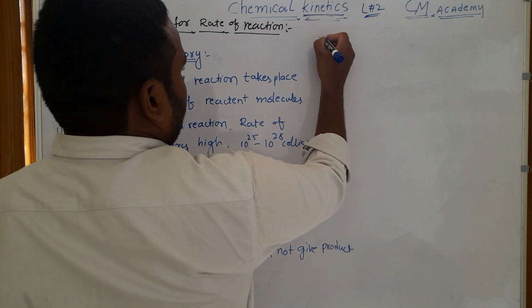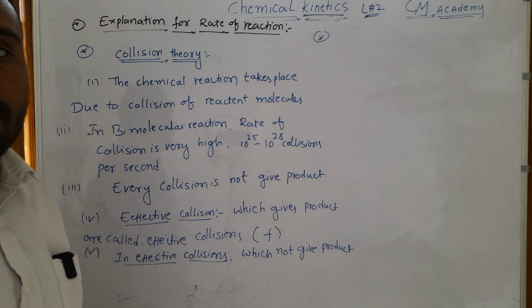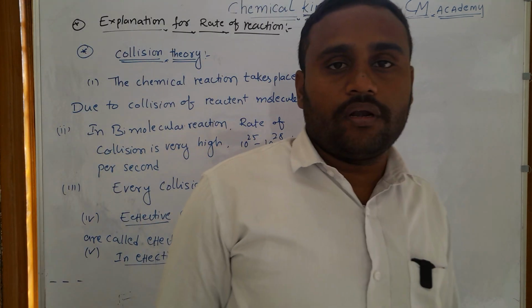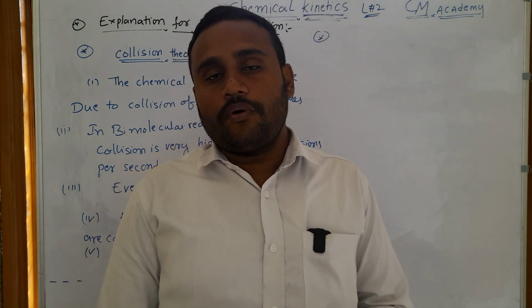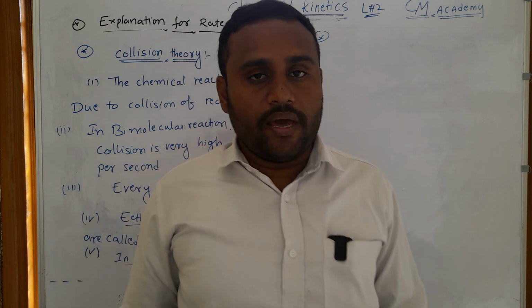If a collision wants to be effective, that means if a collision wants to produce a product, it should clear two barriers.